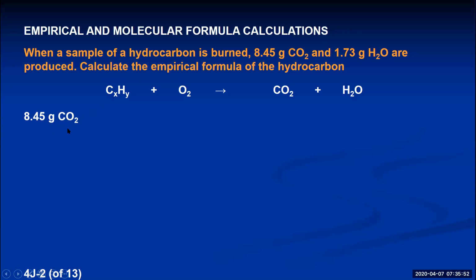So how do we figure out how much carbon is in CO2? Well, the molar mass of carbon dioxide contains 1 mole of carbon, which weighs 12 grams, and the entire molar mass of carbon dioxide you can calculate to be 44 grams. So the fraction 12/44 is how much carbon is in CO2.